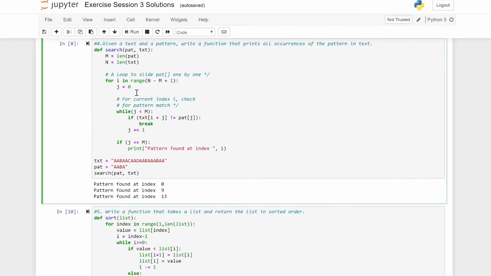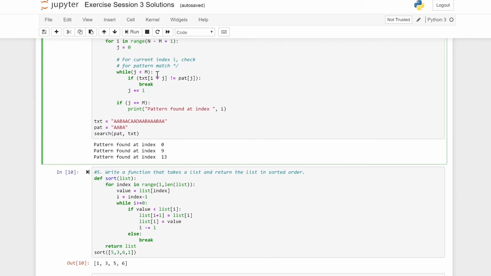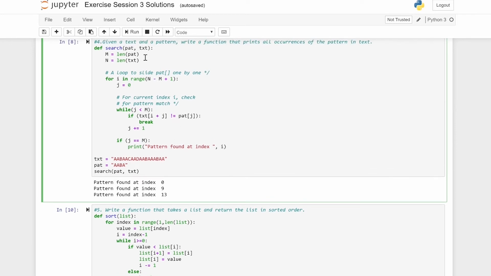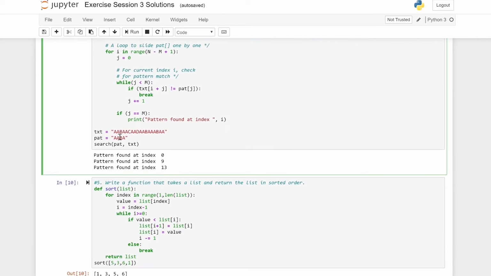The first index that I'm going to look at is 0. Right now, j is equal to 0. While j is smaller than m, which is the length of the pattern, I keep checking the first letter of the text and the first letter of the pattern. If they're equal, I add 1 to the j value. Now I'm checking the second letter of each.